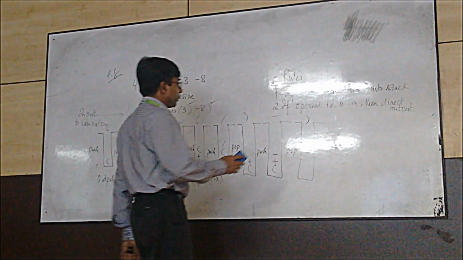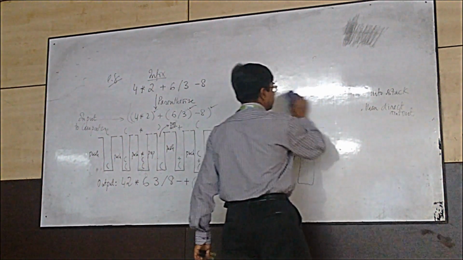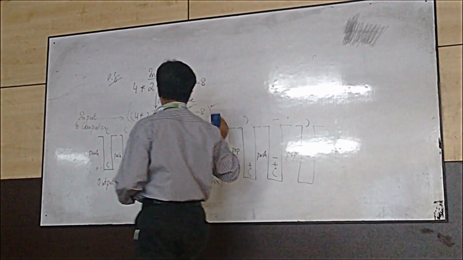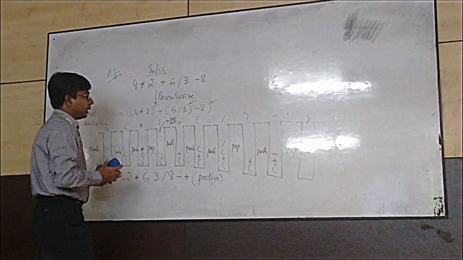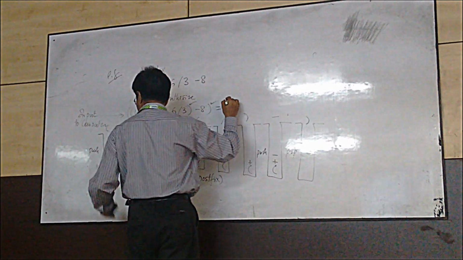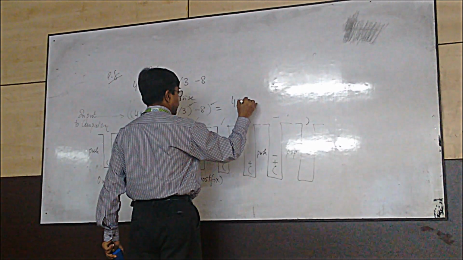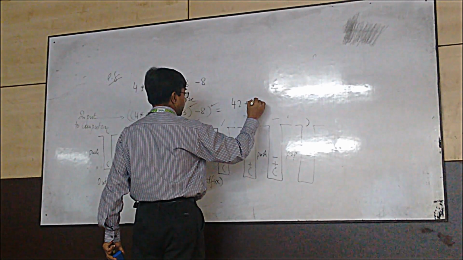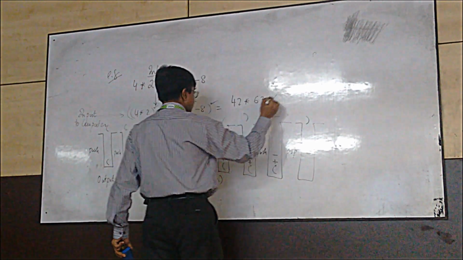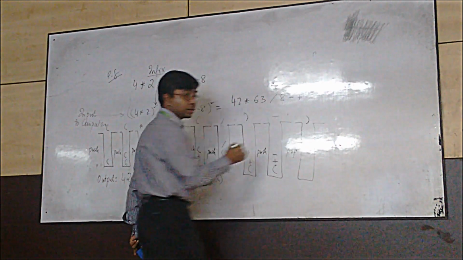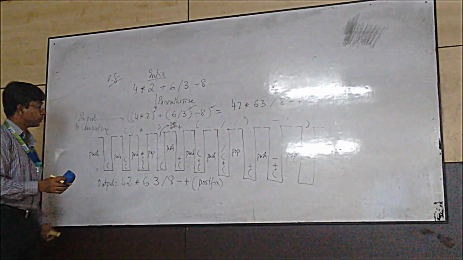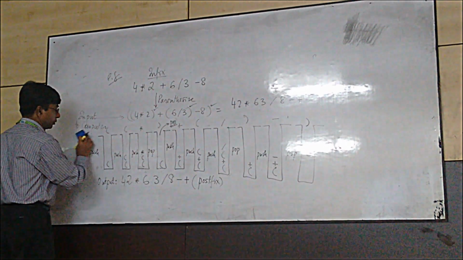What we want to do, I will write the final expression: 4 2 *, then 6 3 /, then 8 - +. That's my postfix, right? So I'm going to wipe this out now.